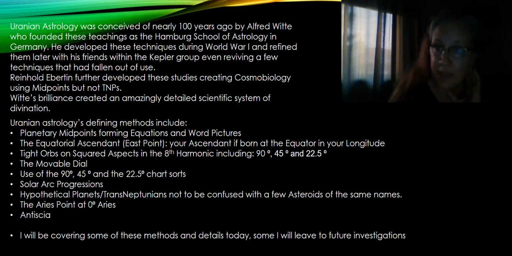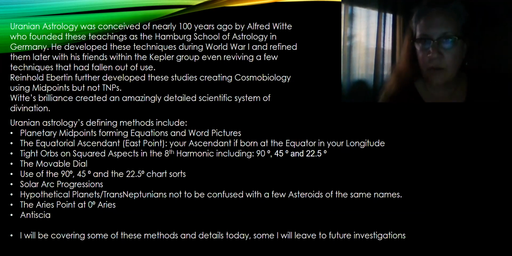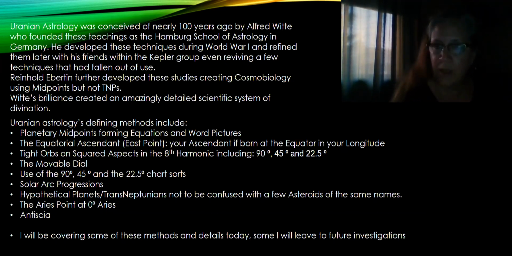And then we use the Equatorial Ascendant, and we use the meridian house system, so that your ascendant itself could be either in the 12th house or in the 1st house.